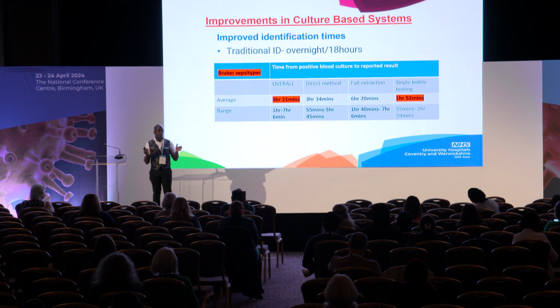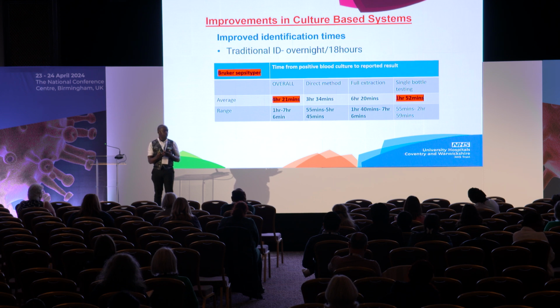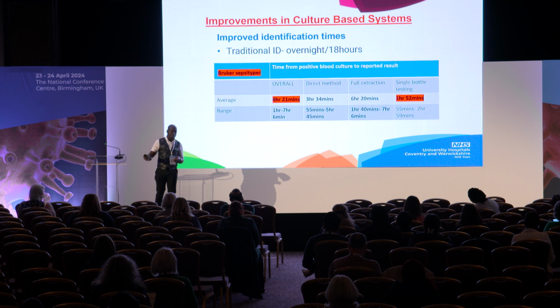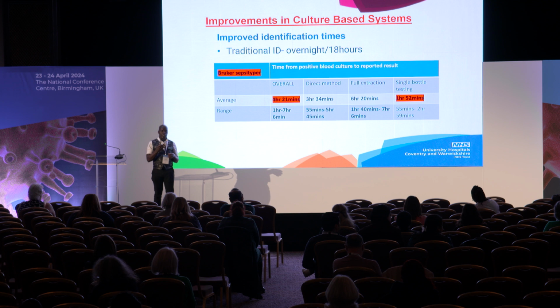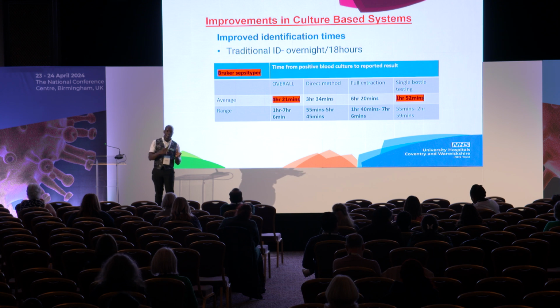That cuts out 16 hours, which is a big improvement. We are able to say this organism is this in about 2 hours, and we don't wait for overnight. We are then able to preliminarily sort out either escalation, de-escalation, or stopping antibiotics while we're waiting for sensitivities.